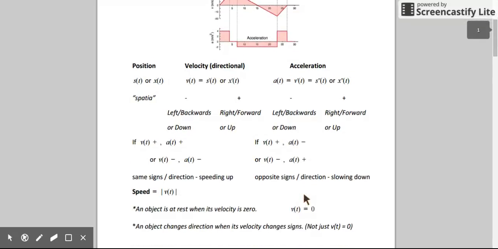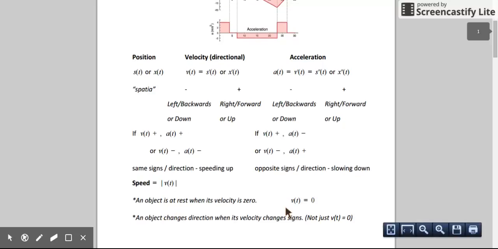A couple more things to note. If we don't have any velocity or any speed, we must be at rest. So finding zeros of velocity is the same as describing times at which an object is at rest. In these videos, in this class, we are just dealing with horizontal or vertical motion.